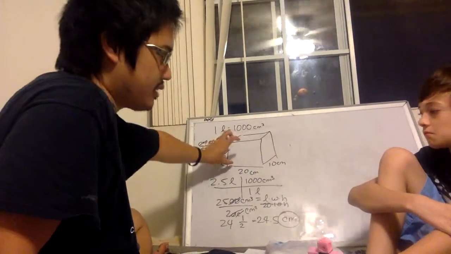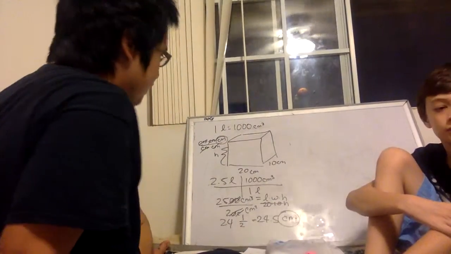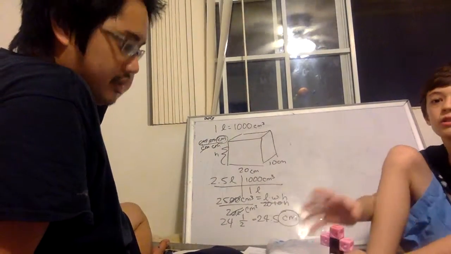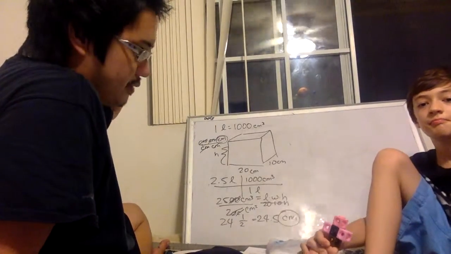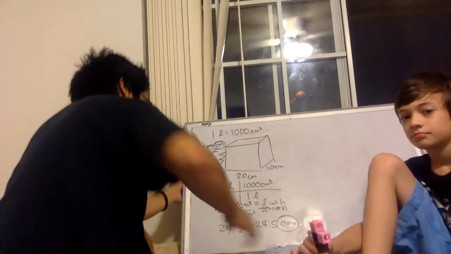So anything with this rectangular shape, this box is a cuboid. That box is a cuboid. A book is a cuboid. A triangle couldn't be a cuboid, because you can't build a triangle out of a bunch of cubes. Does that make sense? All right.